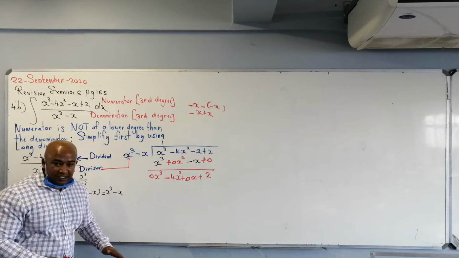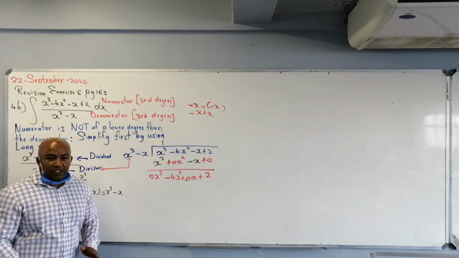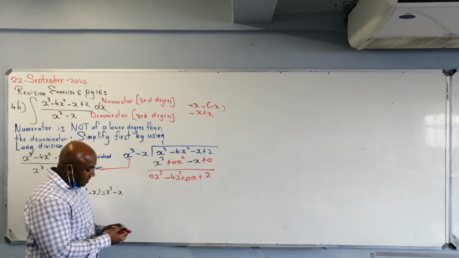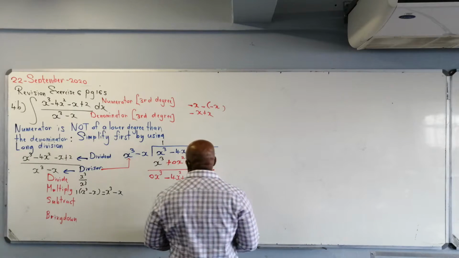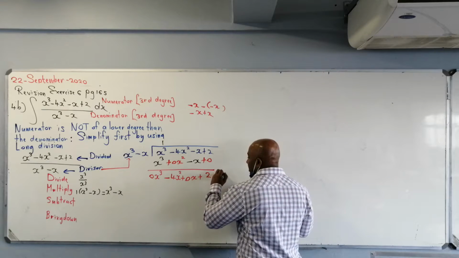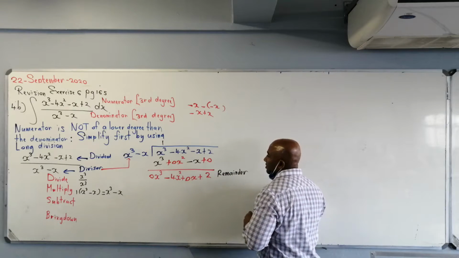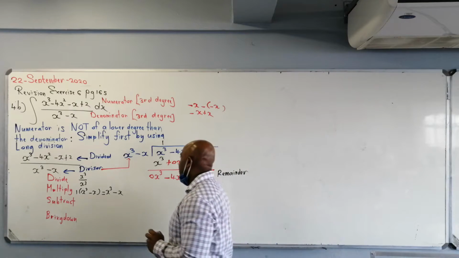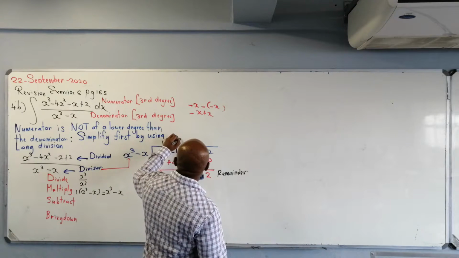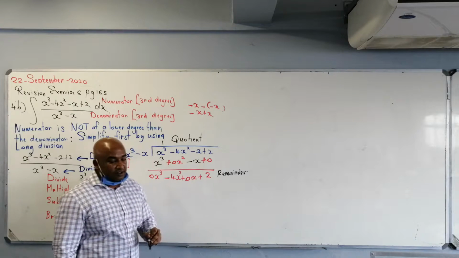Okay, so that just was one step. The other example I'm going to deal with, there's more division there. But anyway, this is where we stop. Now, this is called the remainder. Right, so this here is called the quotient.